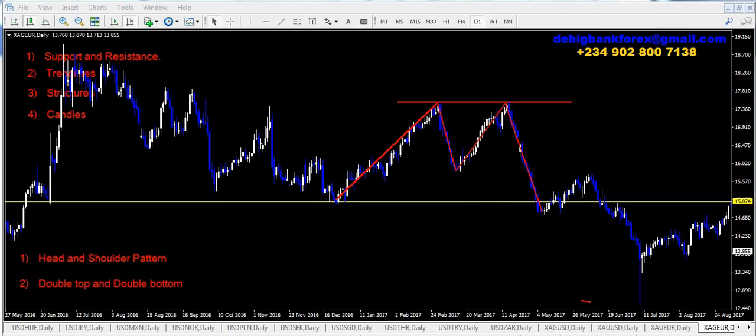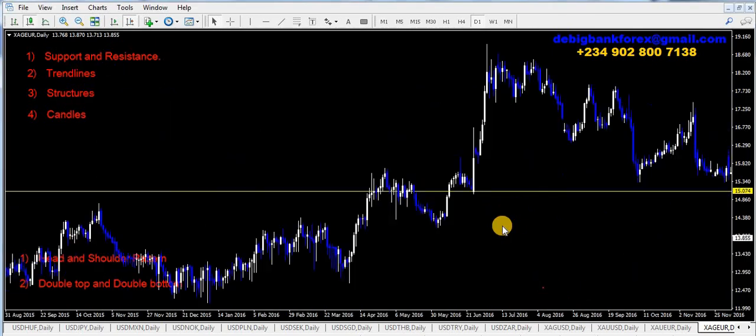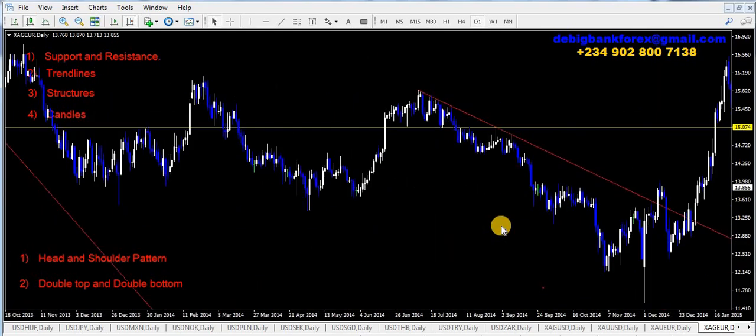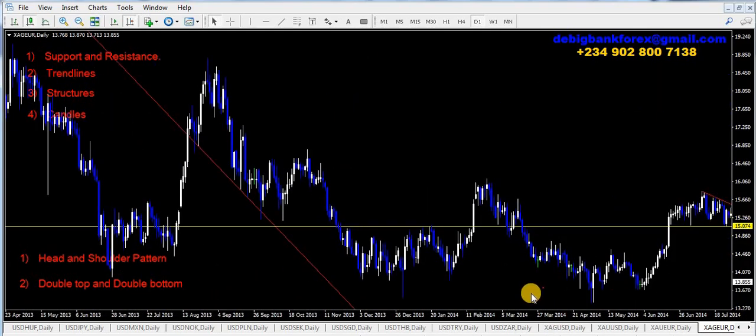And then let me give you an example of a double bottom. I think this can serve. Yes, this can serve as a double bottom. Now you can see that the market came from this level, though it consolidated a little bit, but it still couldn't break this level and went up.